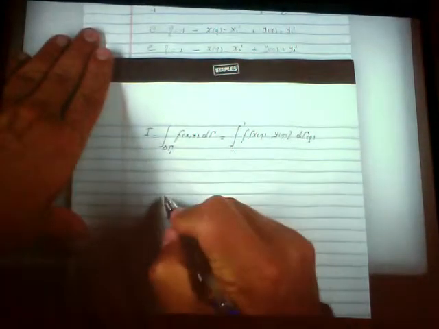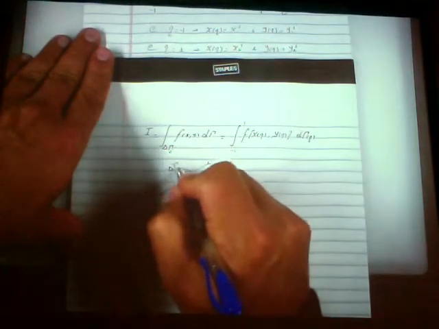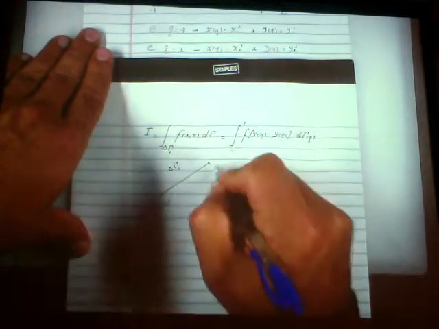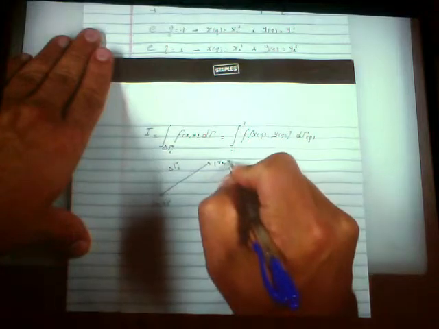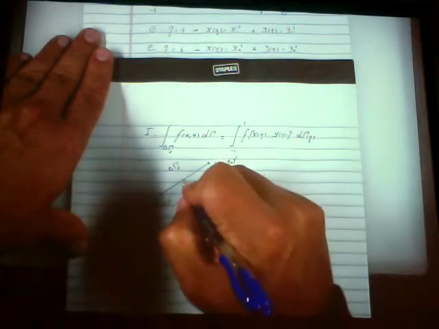That one's pretty easy too. If you look at the element again, this is the element, delta gamma j. Again, this is x1, y1. This is x2, y2. And let's look at a piece of these.